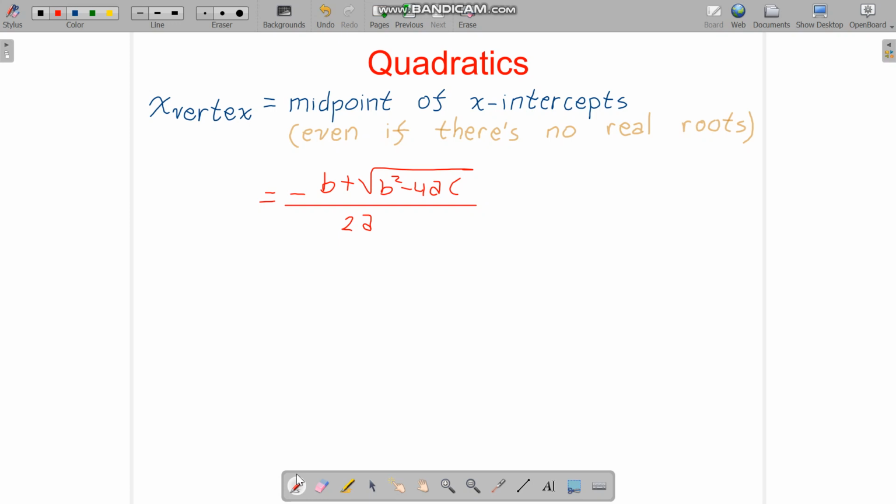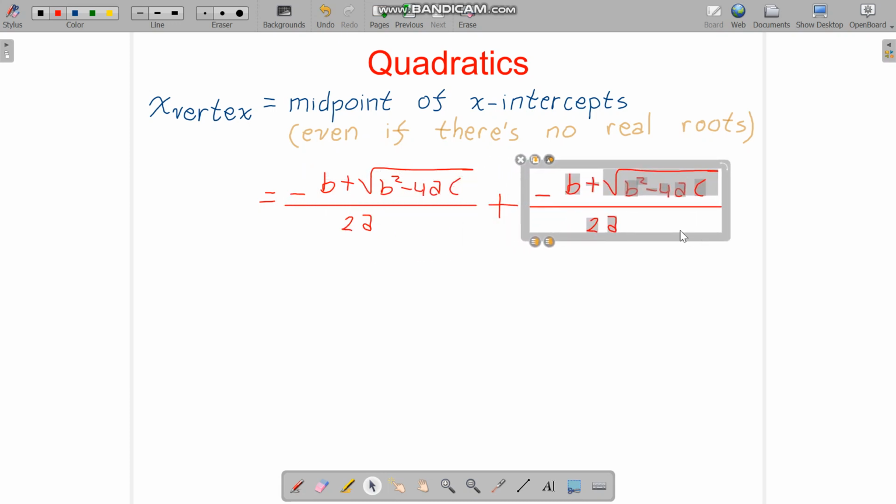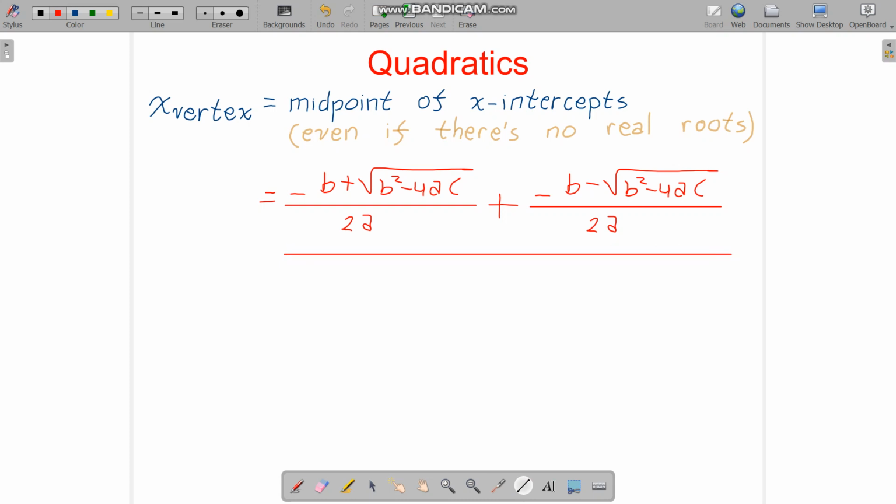So it's the midpoint, so we just add the other root, so we use the plus, now we use the minus, so now it's minus b minus square root and so on. And since we're talking about the midpoint, we have to divide by 2, so we add and then we divide by 2.